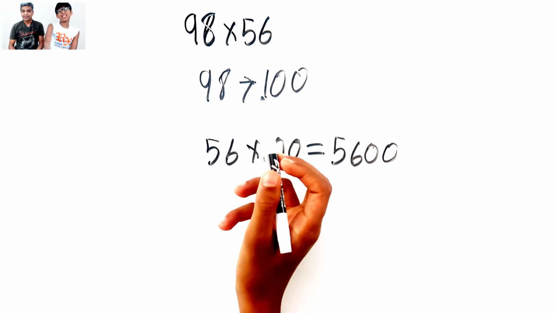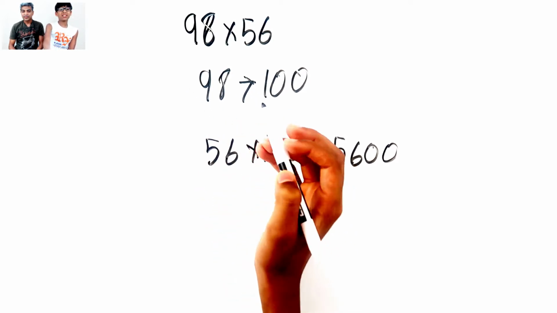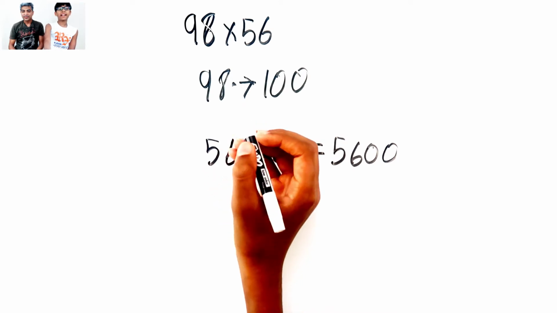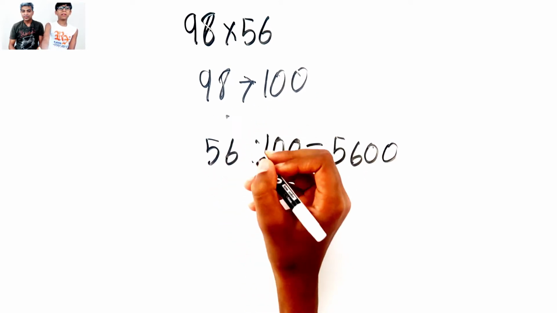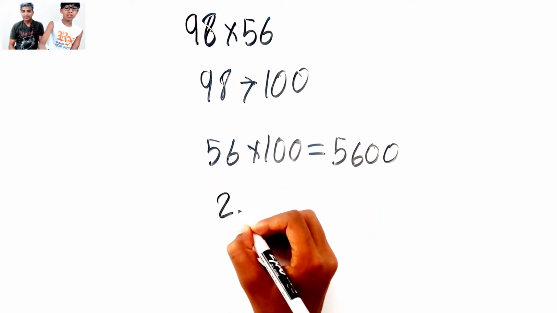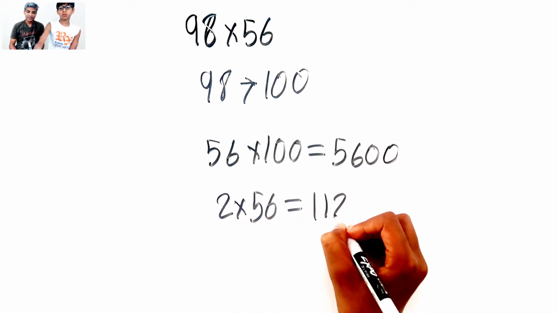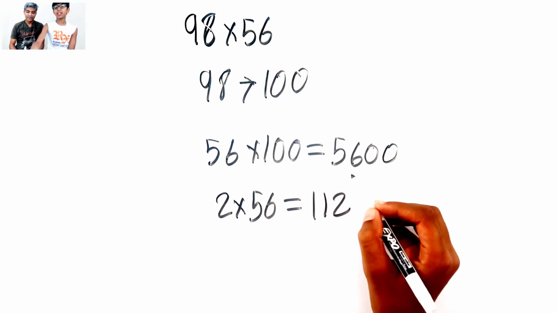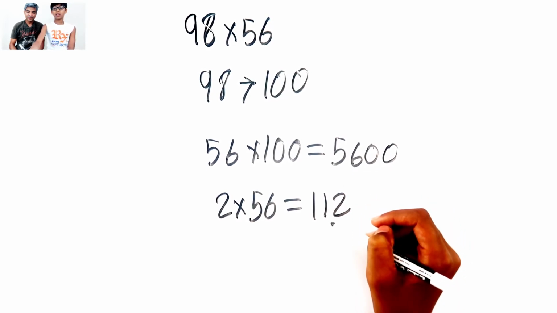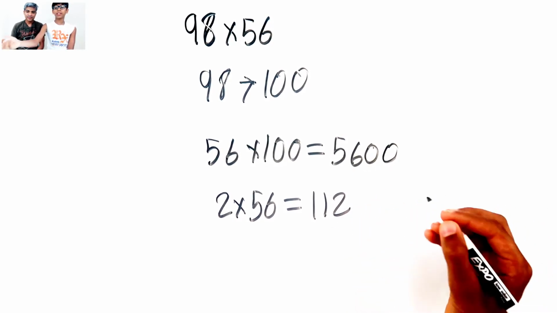So 100 minus 98 equals 2, so I have to do 2 times 56, which is 112. Now I need to subtract this 112 to get the actual answer.